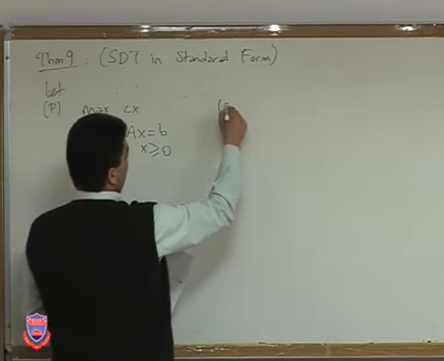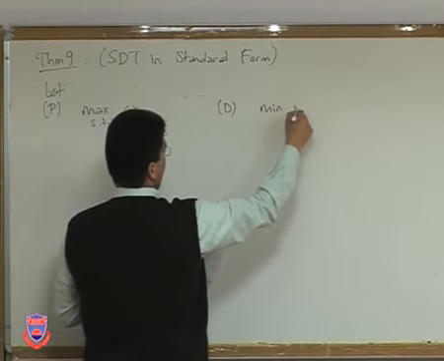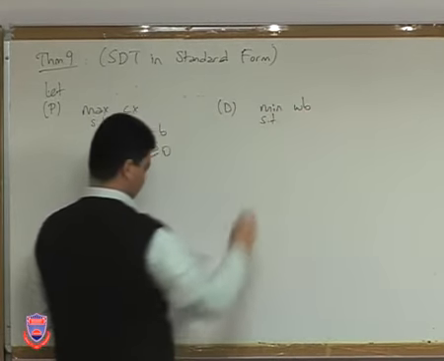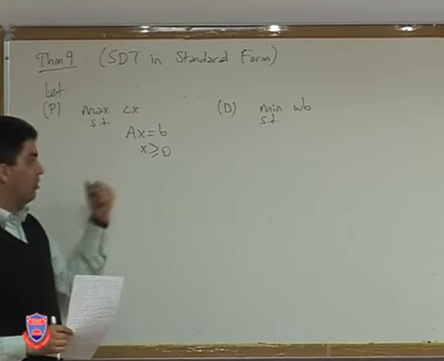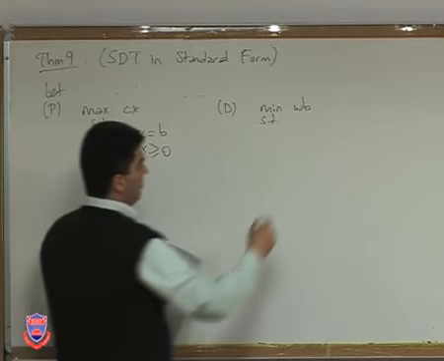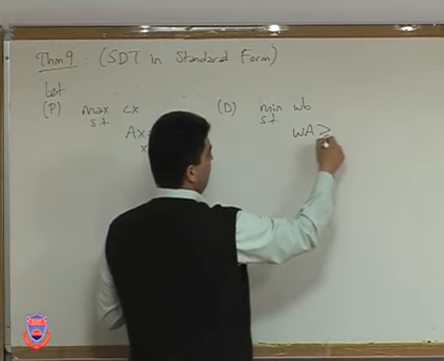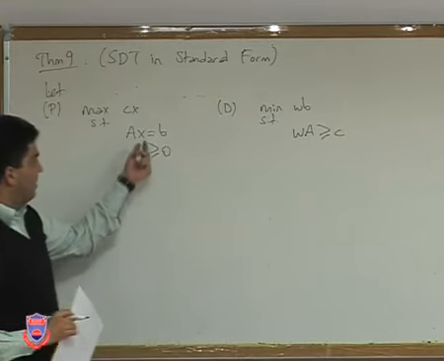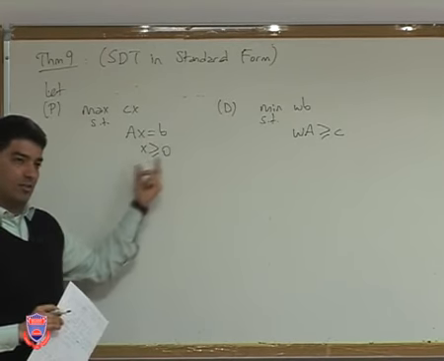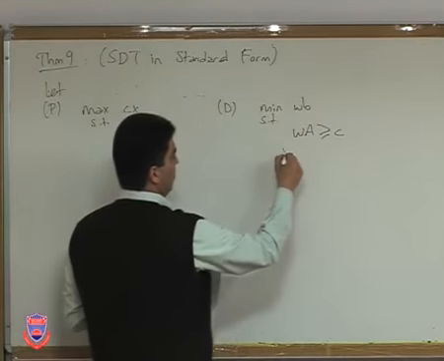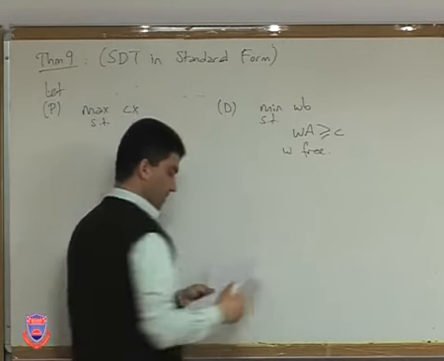So what is the corresponding dual problem? The objective function value never changes. It's always Wb. The constraints are given by, again, you can look at your duality tables, WA greater than or equal to C. But now since we have equality, the corresponding W's will be free, right? So there will be no restrictions on W's. W's are just free variables.